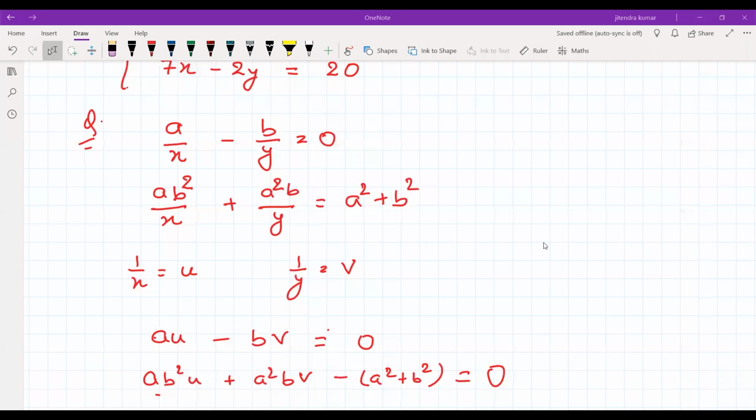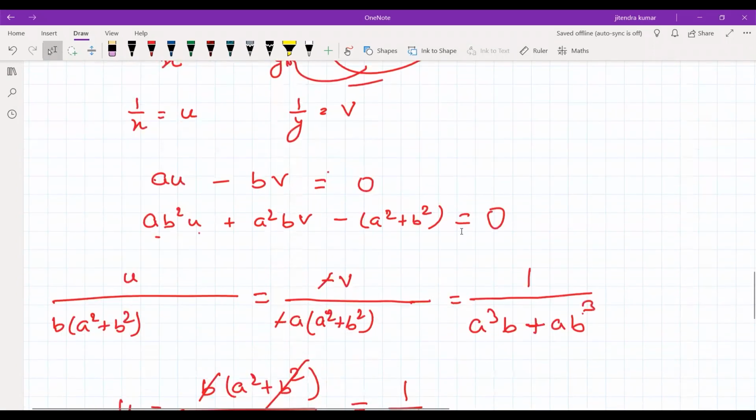Okay, then just replaced 1 by x as u here, so a u minus v is equal to 0 here. Then ab square into u, 1 by x is u, plus a square b into v minus a square plus b square. I have taken this term to the right side, so that will come as negative now, so minus a square plus b square is equal to 0.